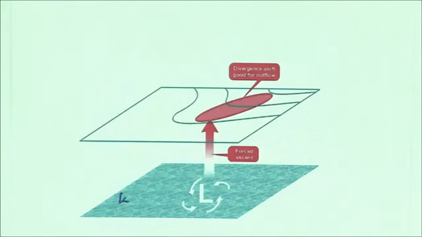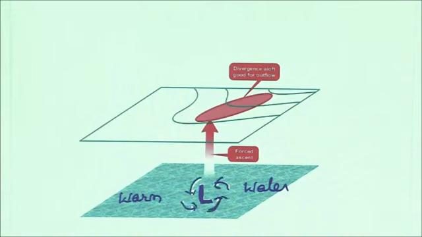This is my warm water where the low pressure has developed. Due to Coriolis force, there is counterclockwise convergence that is taking place. By default, we are in the northern hemisphere.